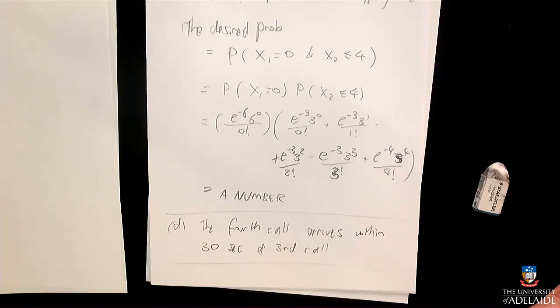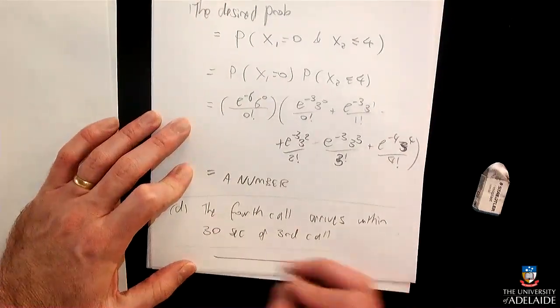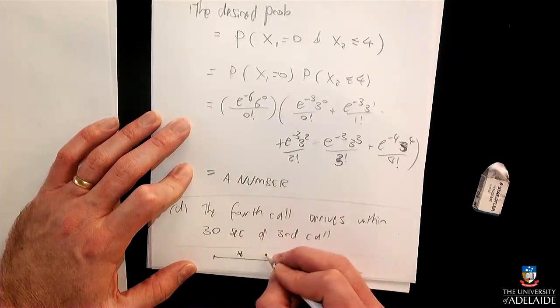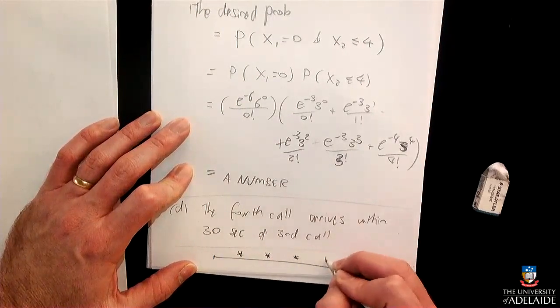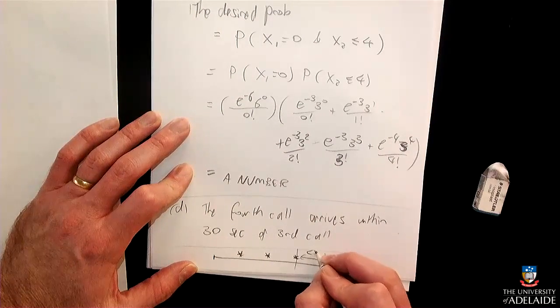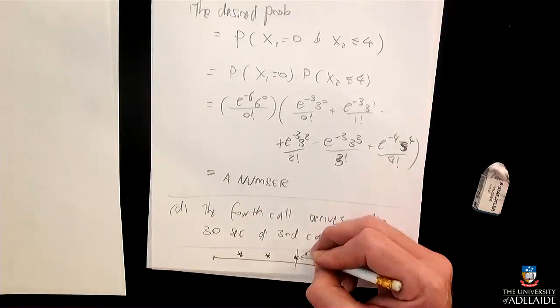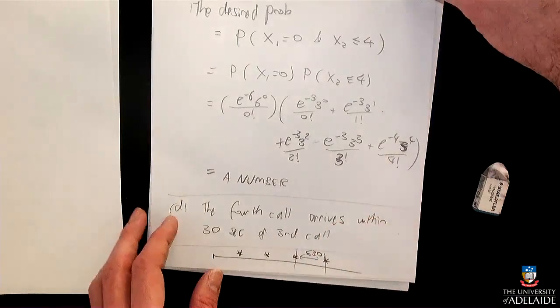So just going to think about what this is doing. Here's time, there's the first call, there's the second call, there's the third call, there's the fourth call, and we're saying that this time has to be less than 30 seconds. That's what we want, or equal to, I guess. Doesn't matter because it's a continuous distribution.